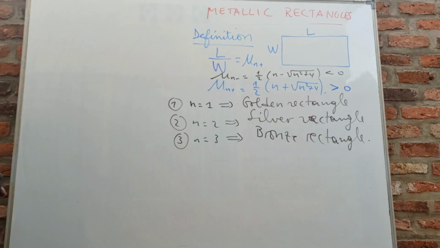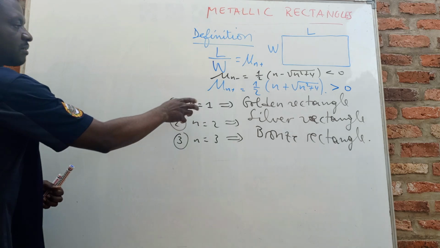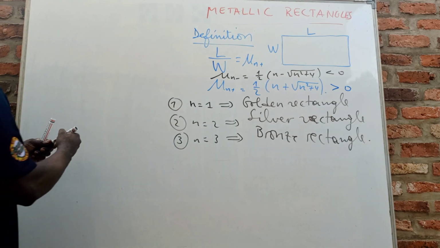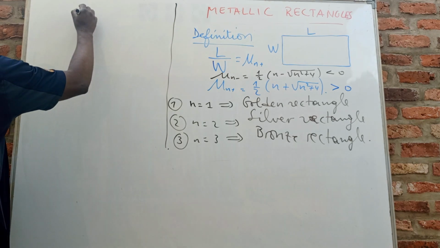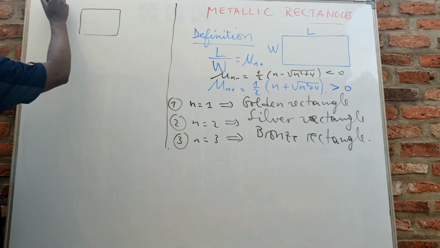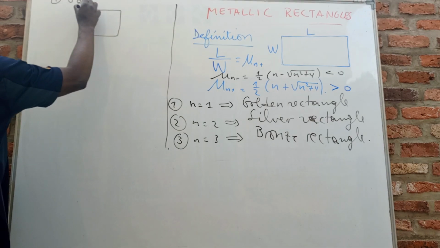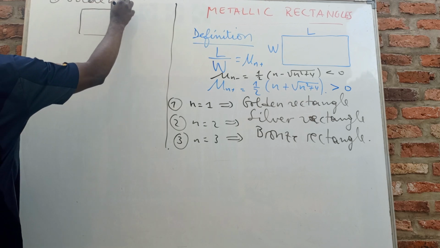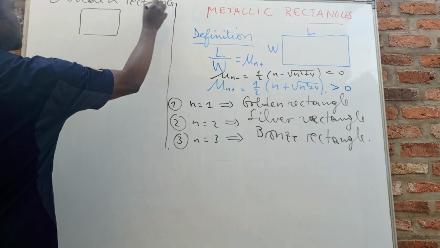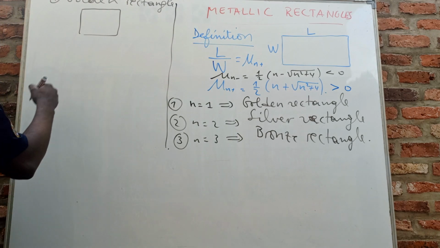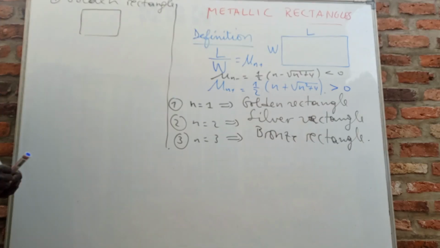Now, starting with the golden ratio, we can get some rectangles. We talk about the first one, the golden rectangle. So how to construct it geometrically?